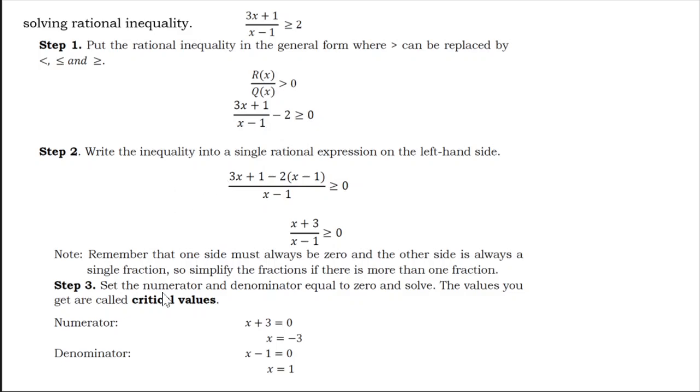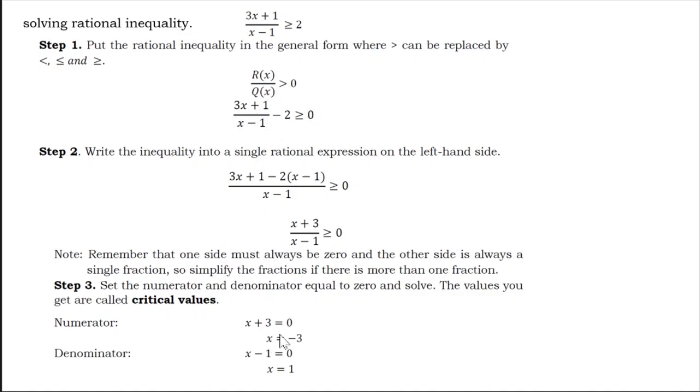Step 3, set the numerator and denominator equal to 0 and solve. The values you get are what we call critical values. So our numerator is x plus 3. So x plus 3 is equal to 0.